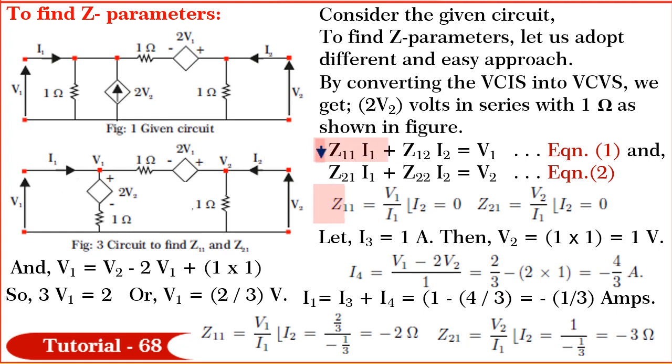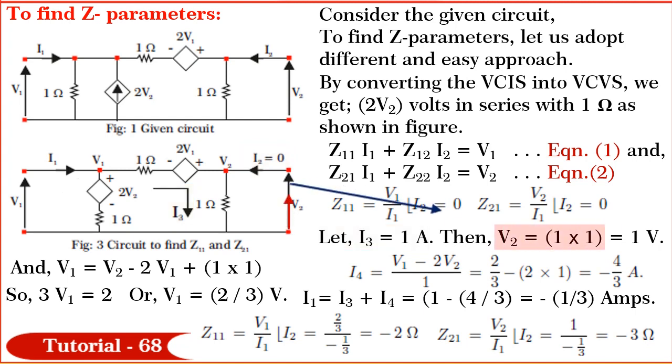We know Z11 is equal to V1 upon I1 when I2 is equal to 0 and Z21 is equal to V2 divided by I1 when I2 is equal to 0. So, by forcing I2 equal to 0, current flowing through this branch will be the same. Let this current be I3 and let I3 be 1 ampere.